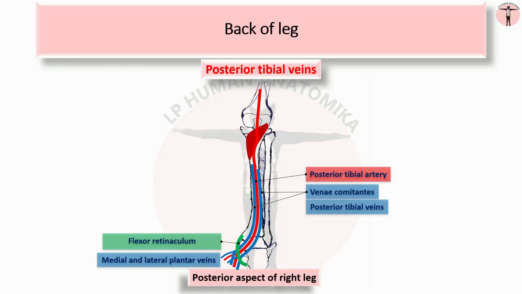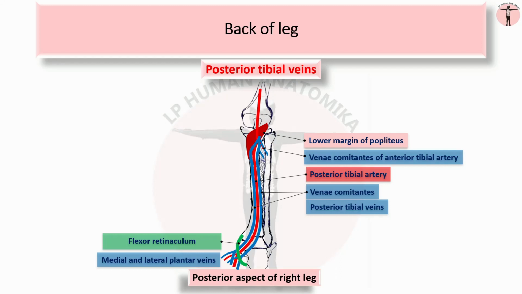The posterior tibial veins ascend along the posterior tibial artery to the lower margin of popliteus muscle, where they terminate by joining with the venae comitantes of the anterior tibial artery in the popliteal fossa to form the popliteal vein.